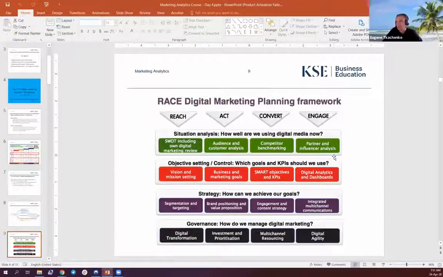Because we were running certain ads or reaching people at a certain efficiency, are we really using our digital media in the right way? And in order to understand that, we need to have certain objectives or business goals in place. Because in order to measure something, we need to have something that we are measuring against.